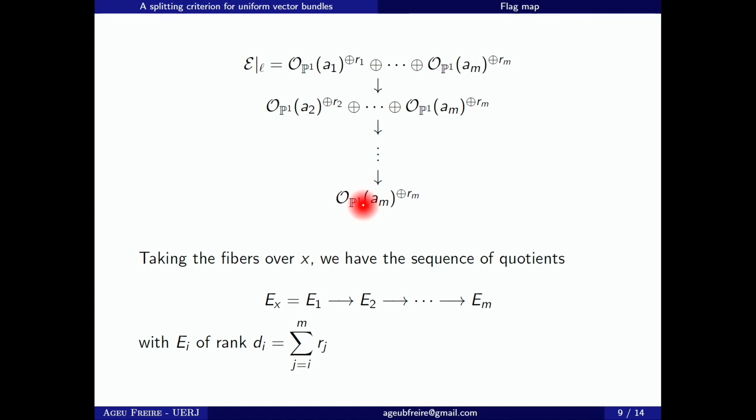This is the fiber of the locally free sheaf E. Here, each part of this quotient has rank d_i, where d_i is equal to the sum of r_j, where r_j appears here, with j going from i up to m.